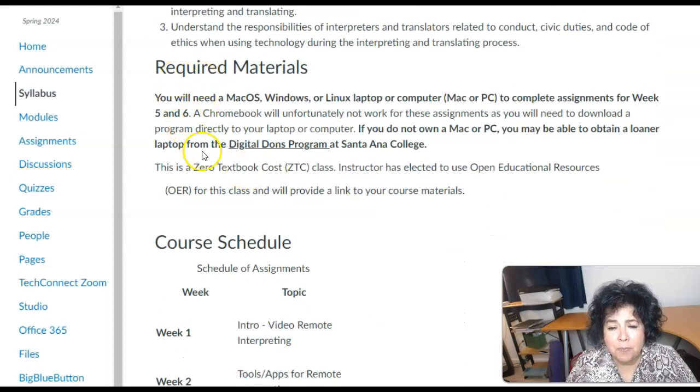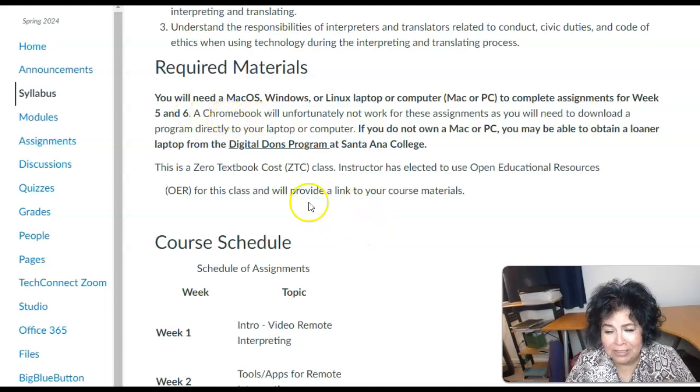And here is very important, the requirements, because this is my first time teaching this class, disclaimer, but I've heard from other students that they had to borrow a laptop from Digital Dawns at our Santa Ana College, because here you are required to have a Mac OS, Windows, or Linux laptop or computer to complete assignments for weeks 5 and 6, because I'm going to show you the assignments right now.